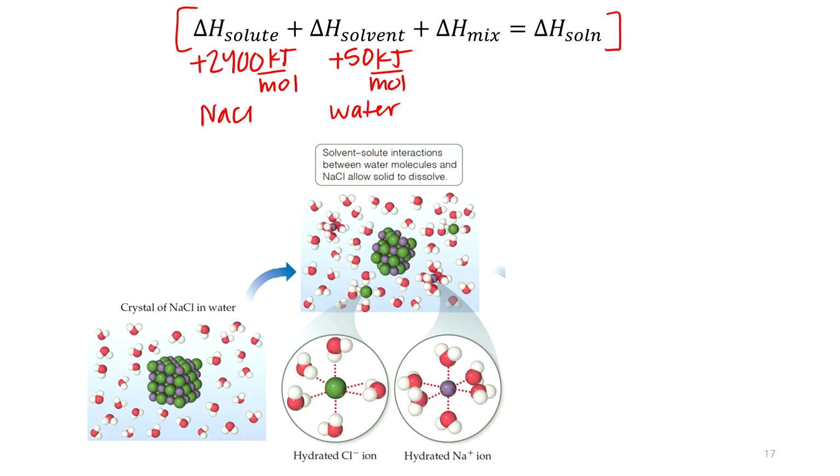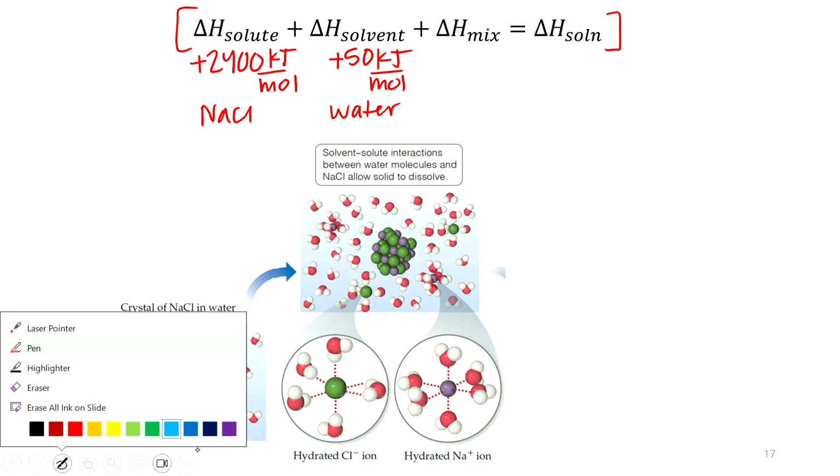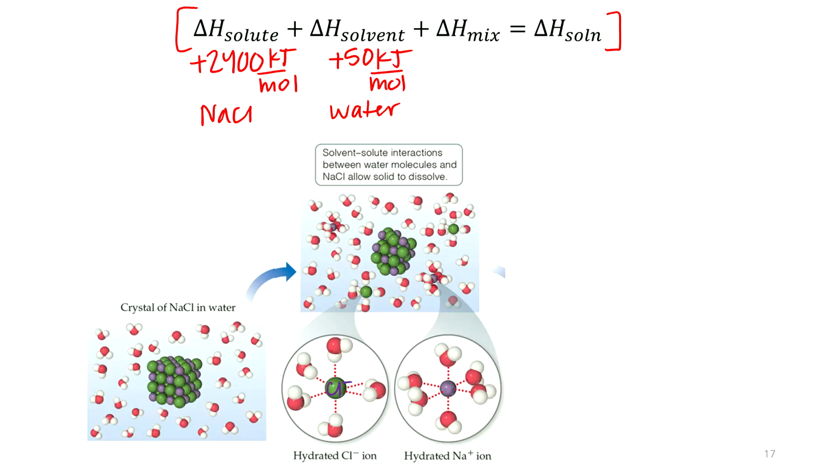So this was the last thing we didn't quite get to on Tuesday. Here's my Cl minus, a full charge, and look, I've got hydrogens all the way around it.